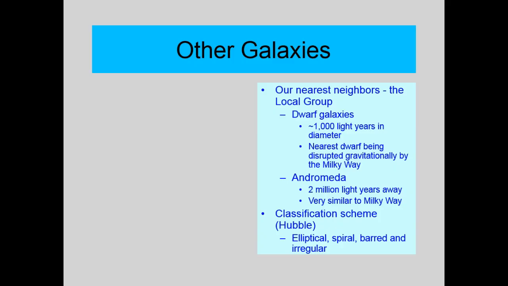But beyond that, the local group, well, part of that, I guess you would say, is Andromeda. That's the next largest galaxy to us, and that's 2 million light years away. Our diameter is 100,000, so 2 million is 20 times that diameter away from us. That's a long way.